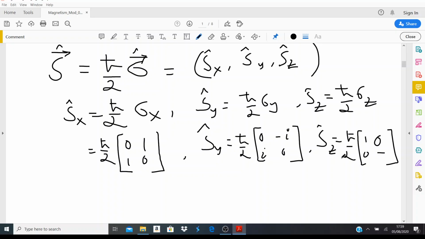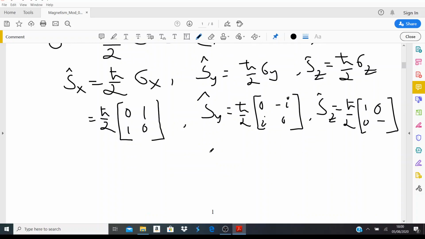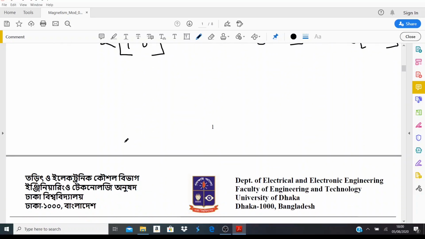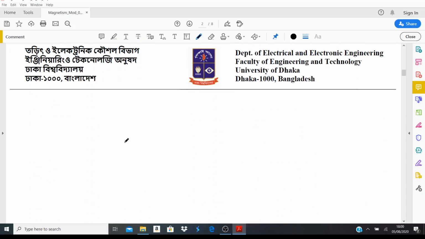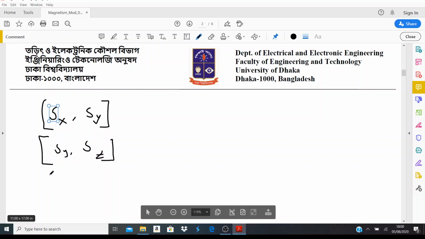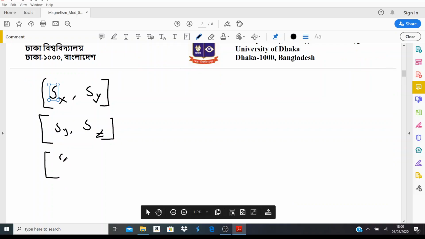So once we have these components, I want to give you the commutation relations between them. Let me specify how the individual components of the spin operator commute or not. Let me write down the required quantities first.